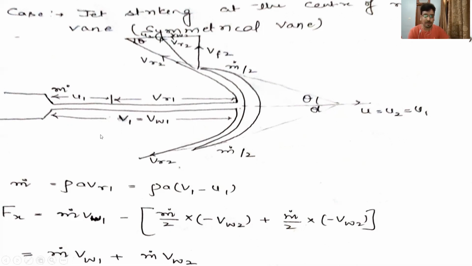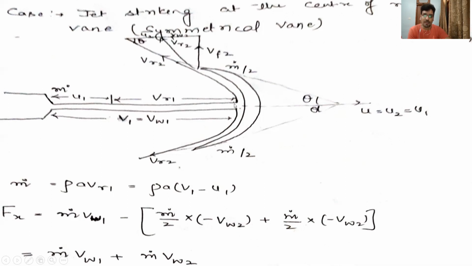So what will be this? v1 is the absolute velocity at the inlet. Vr1 is the relative velocity of moving plate with respect to the jet, that is v1 minus u1. M dot is the mass flow rate, that will be m dot equals to rho a vr1 equals to rho a (v1 minus u1).